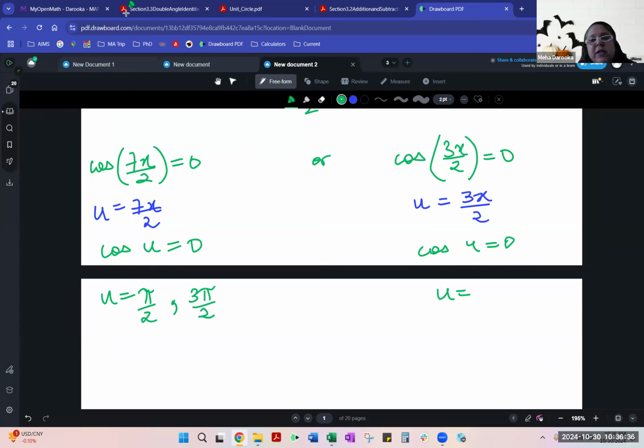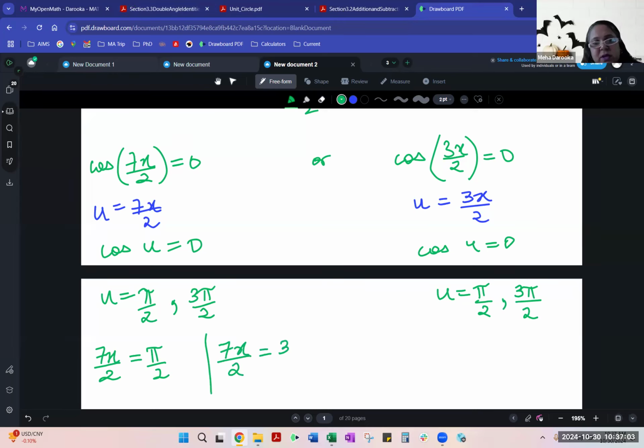And then, of course, when you undo the U substitution, those answers will change, because right now those angles are going to be the same for both of our cosine functions up until this point. All right, so now undo the U substitution and we are going to say, okay, 7x over 2 is equal to pi halves, or 7x over 2 is equal to 3 pi halves.